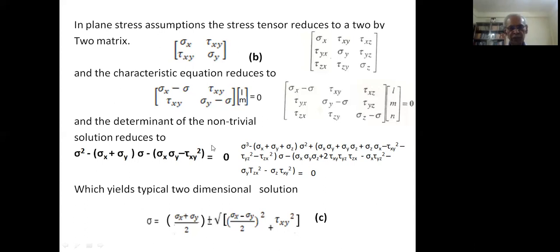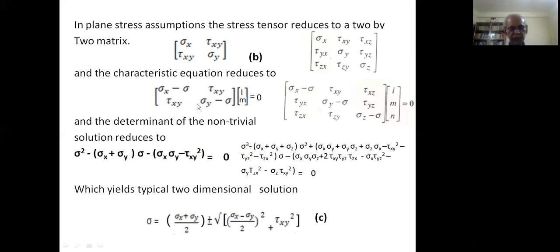Now, if we remember, when we found the eigenvalues of this characteristic equation, what we did was to set the determinant of the non-trivial part of the equation to 0.